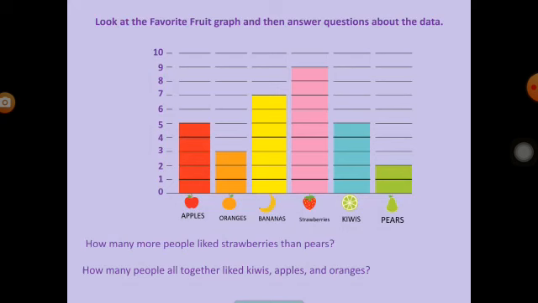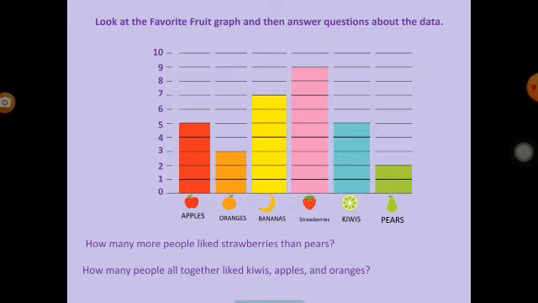We go for the next question. Look at the favorite fruit graph and then answer questions about the data. I have apples, oranges, bananas, strawberries, kiwis, and pears. How many for apples? I have 5. And how many for oranges?